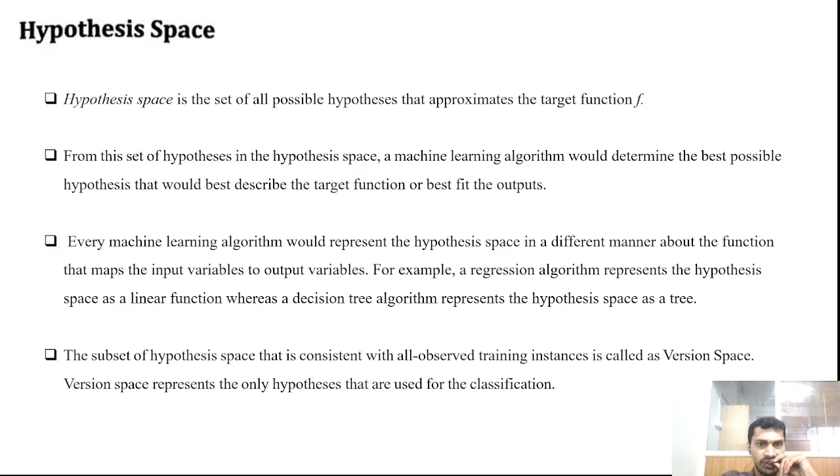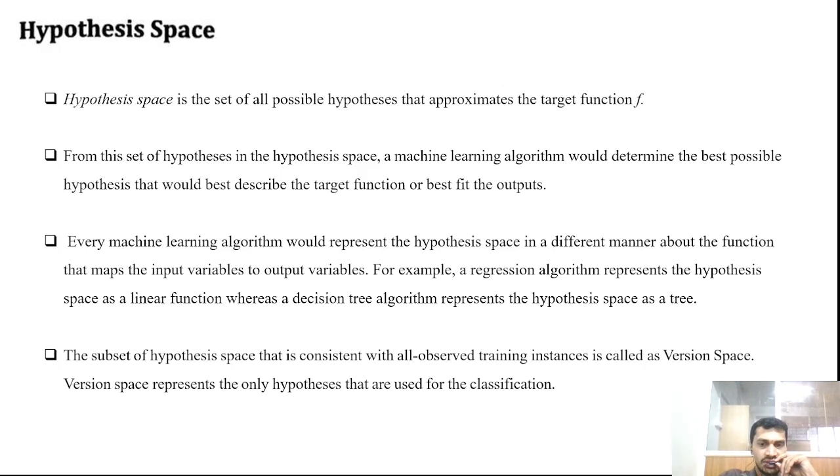The hypothesis space includes all the rules. The machine learning model picks the rules or hypothesis that match most of the examples. The version space has the hypotheses that are consistent with all the examples.